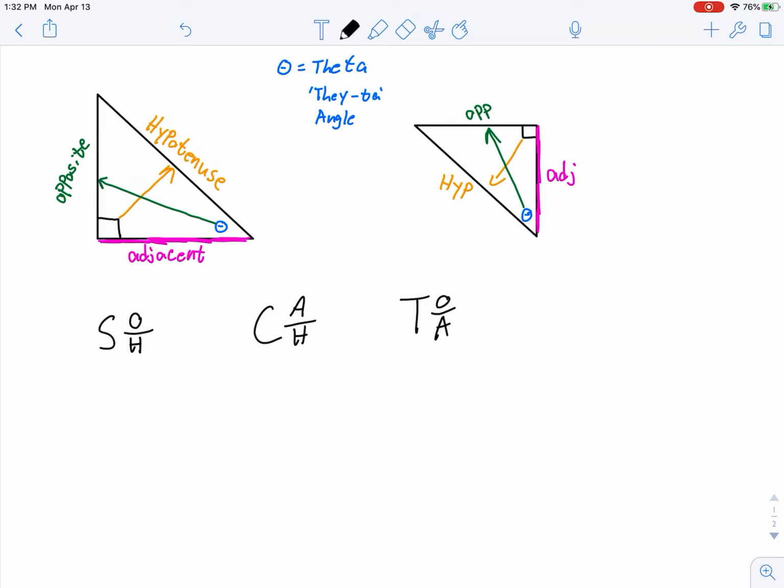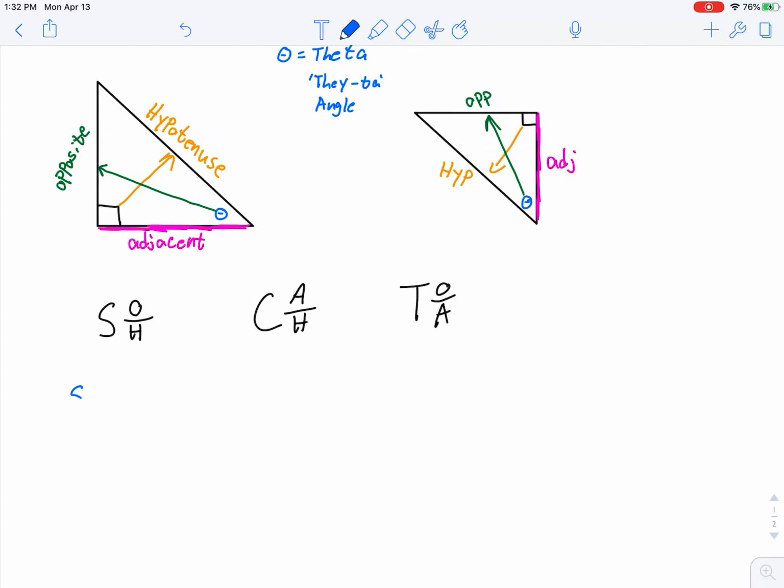All right, so our first one, S-O-H. The S stands for sine. Okay, that's how we spell it out, the whole word, but we don't use the whole word. We're just going to use the first 3 letters, S-I-N. So if you ever look on a calculator and you see the word sin, that's actually sine and it's abbreviated.